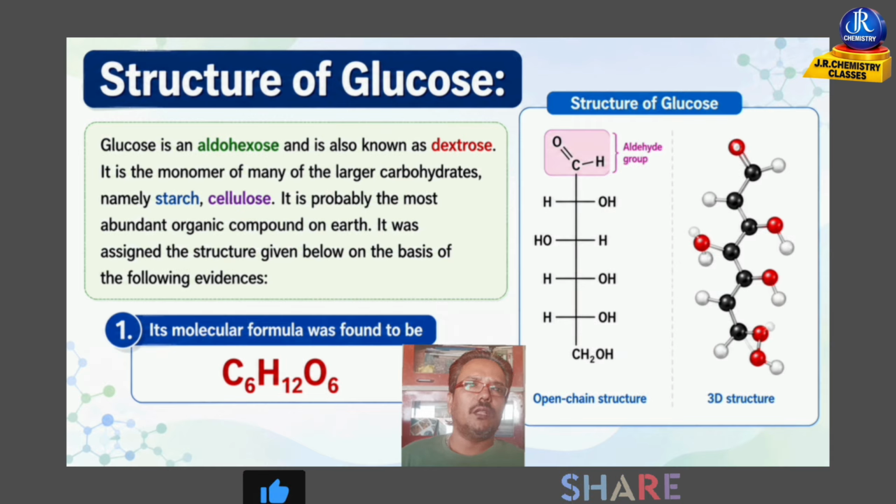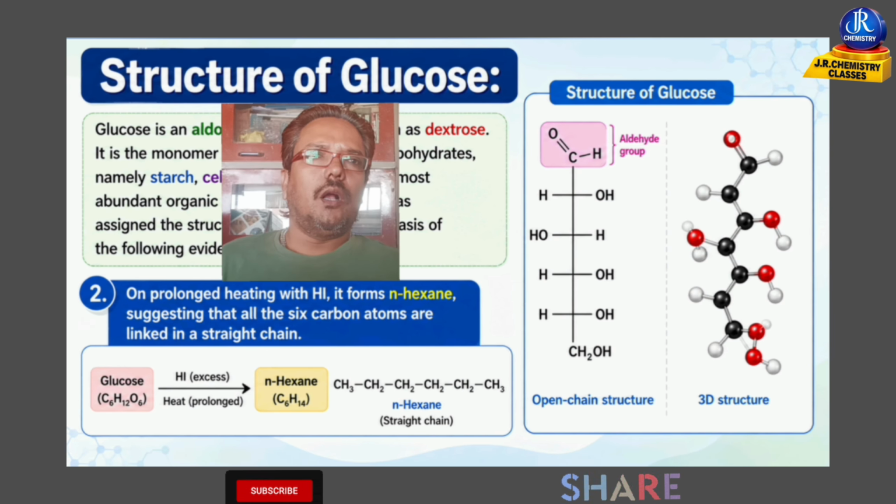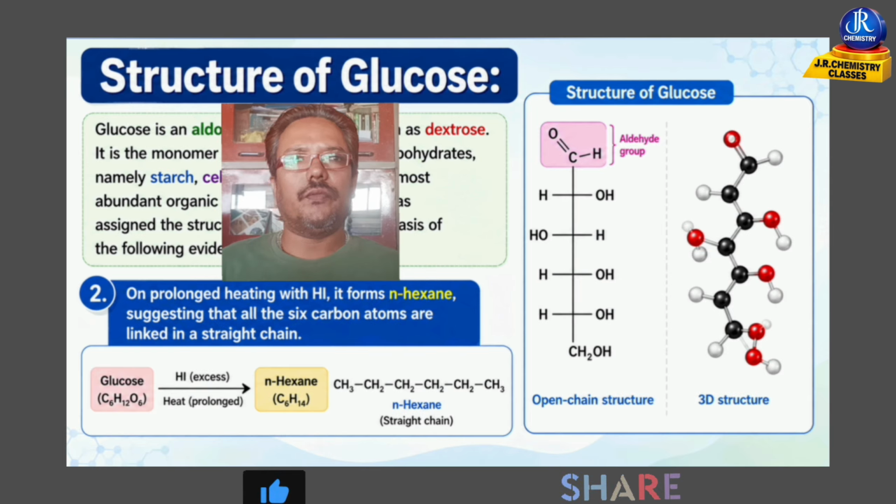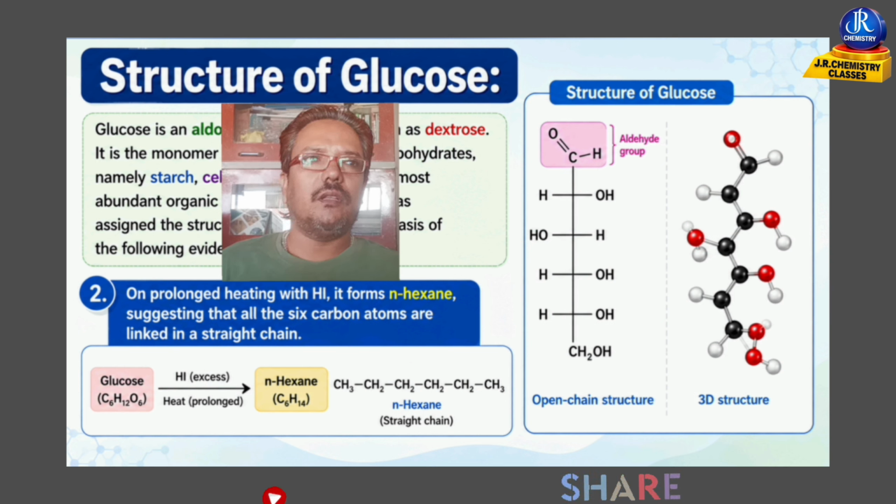Number one, its molecular formula was found to be C6H12O6. Number two, on prolonged heating with HI, it forms n-hexane, suggesting that all the six carbon atoms are linked in a straight chain.